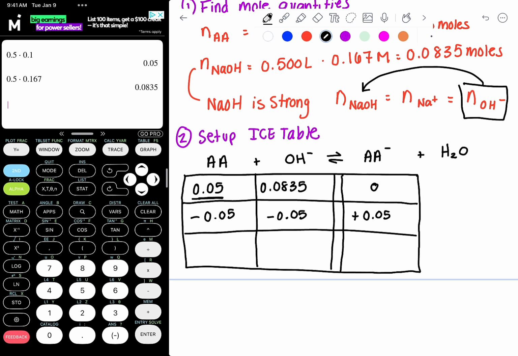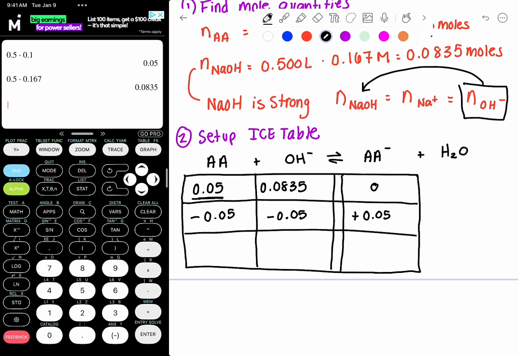Whatever your acid mole value is, that is going to be your X value, because the definition of a titration is using up all of that analyte, all of that acid, with enough base to complete the reaction. So that tells us exactly what the X is.